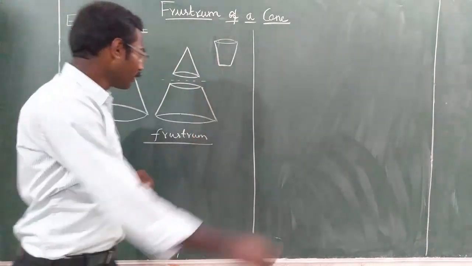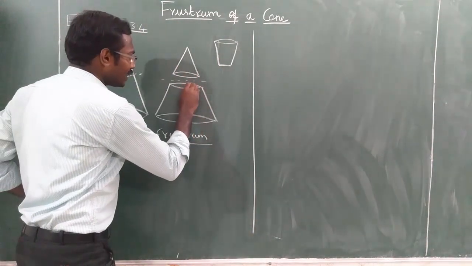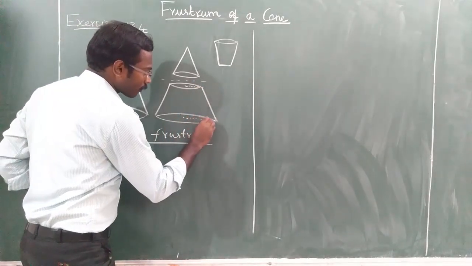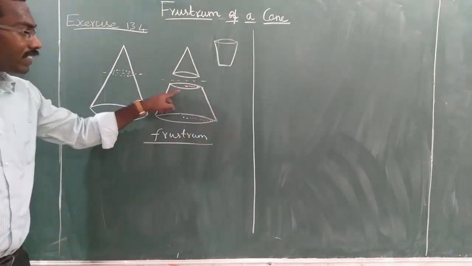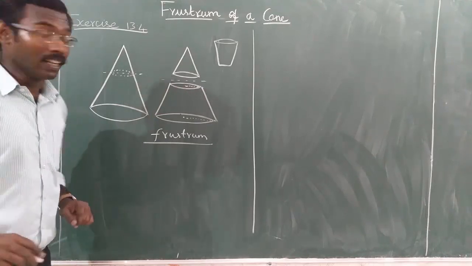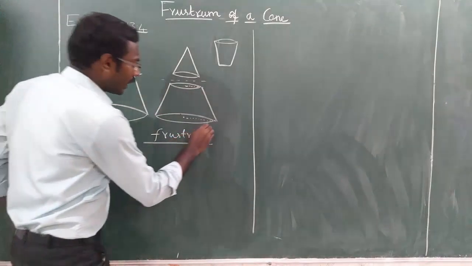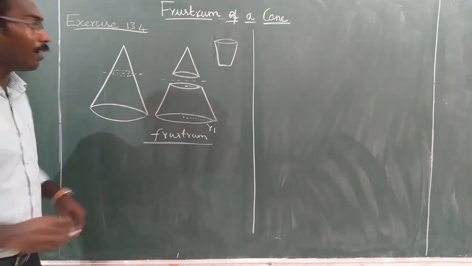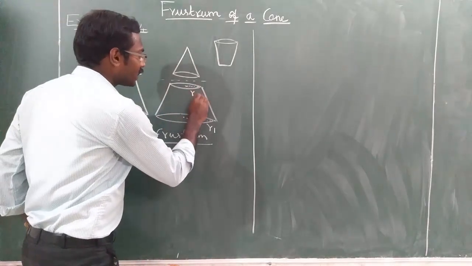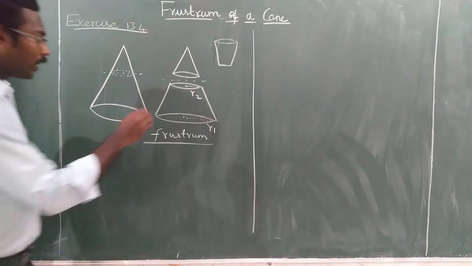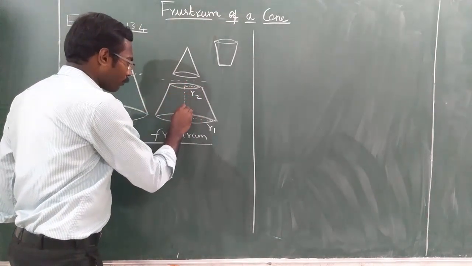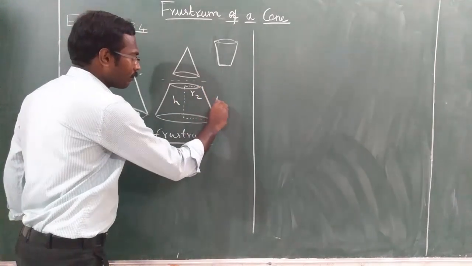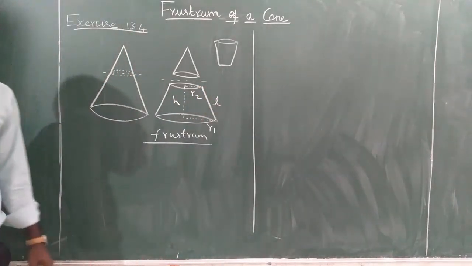In frustum, one radius is small and another radius is big. The bigger radius is taken as R1, and the smaller radius is taken as R2. This is the perpendicular height H, and this is the slant height. Understood or not?